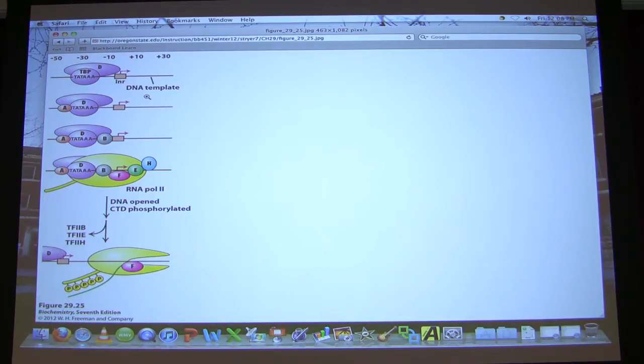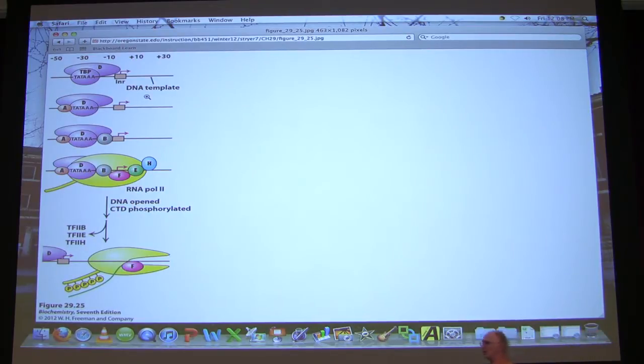Now, when I say transcription factor, I want to remind you that a transcription factor is a protein that recognizes and binds to a specific sequence in DNA. That transcription factor may activate transcription. That transcription factor may inhibit transcription.